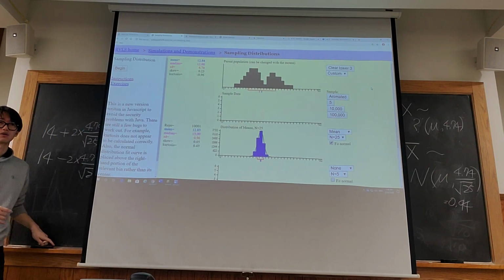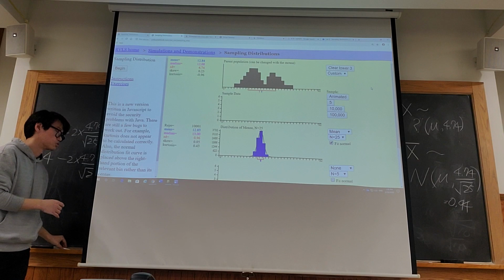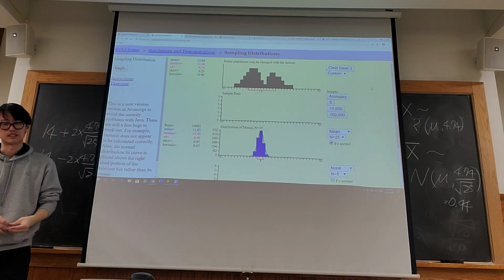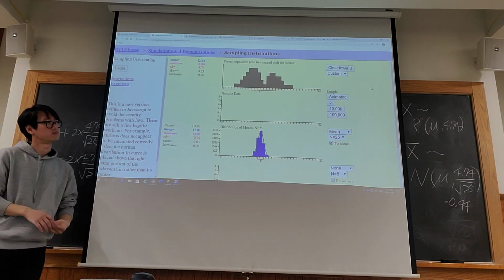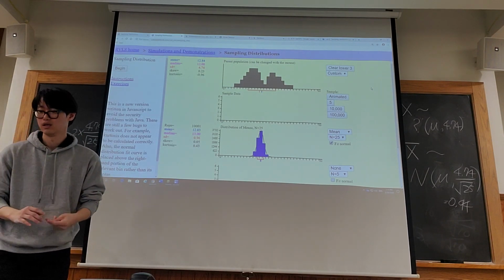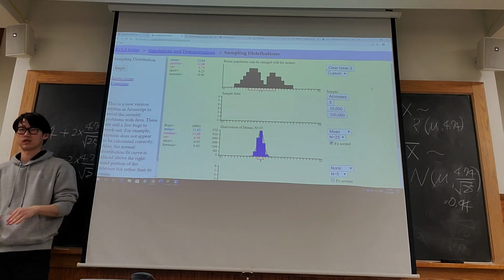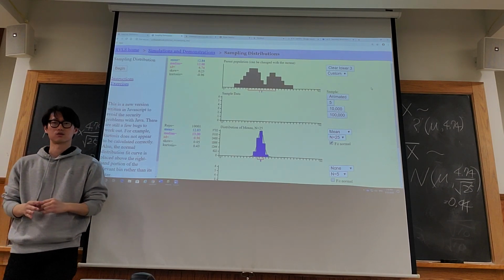Does it make sense? Okay. So you're going to do a lot of this process in exam 2 or in your final. This is the core, and this is really important to understand when you study statistics.